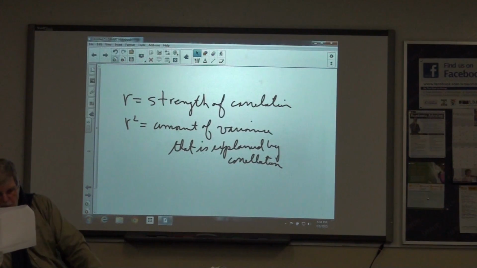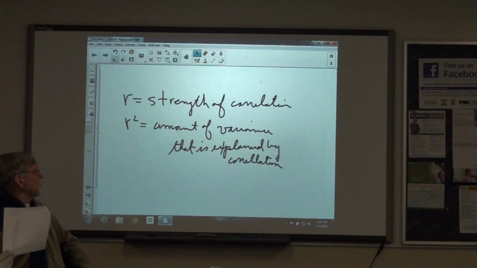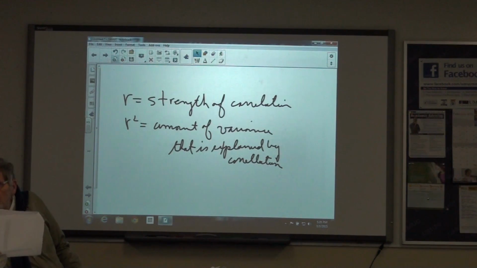So, if the correlation is 0.8, then what would a true statement be? 64% is explained by the correlation, true? Because R squared is the percent of explained. And if R is equal to 0.8, then R squared is equal to 0.64, not 40. So what do we get for that answer?